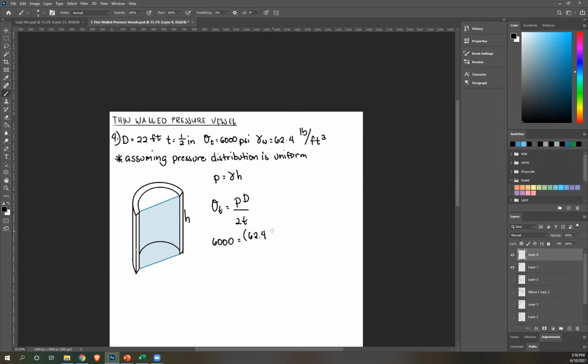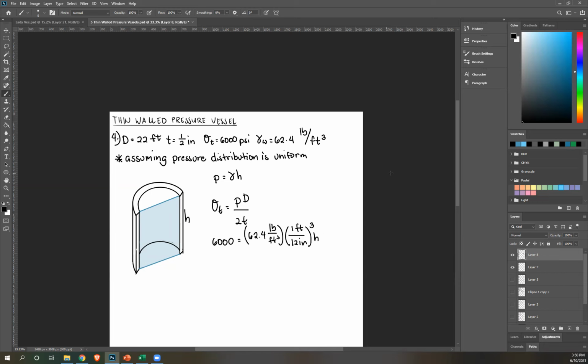Now I need to convert that to inches because our stress is in psi. So 62.4 times, this is pounds per cubic feet, converted to inches. 1 foot equals 12 inches. Feet cancels out. This is cube, so this should also be cube. That's your gamma.